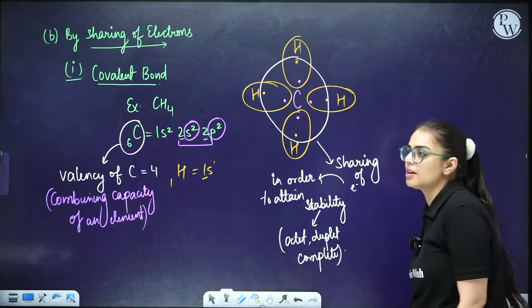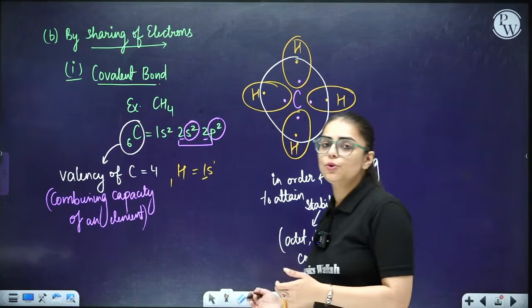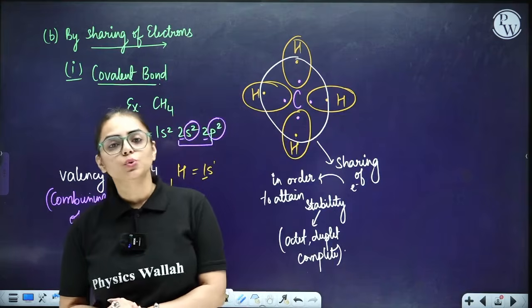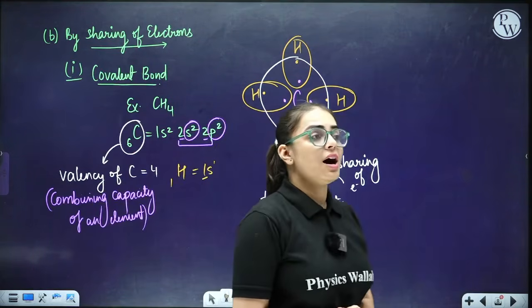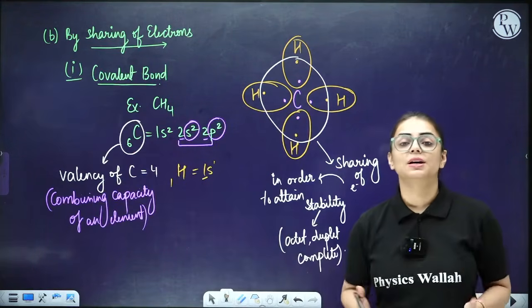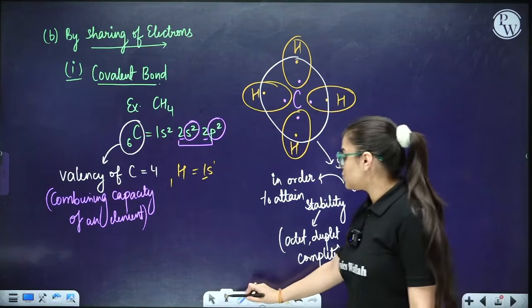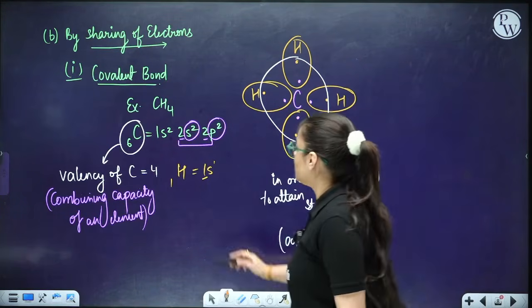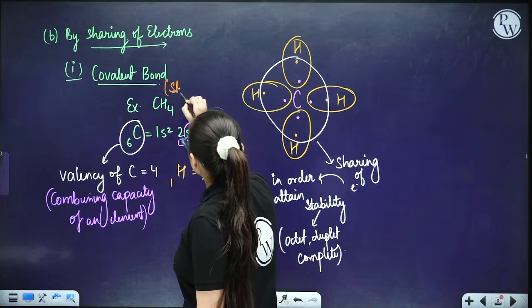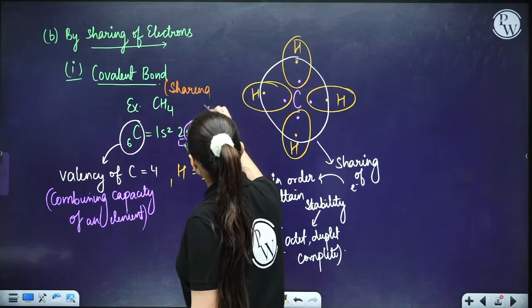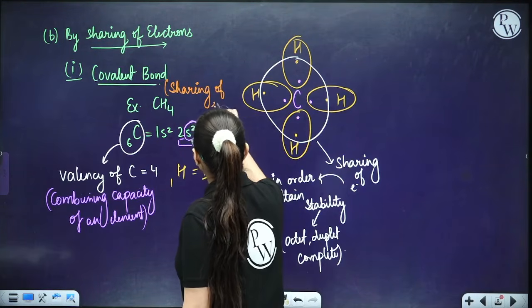This can be done in such a way. So in short, you know why a chemical bond is created: in order to complete the octet, in order to attain the electronic configuration, in order to become stable. Quite clear? This was about the covalent bond. Covalent bond in other terms is sharing of electrons.